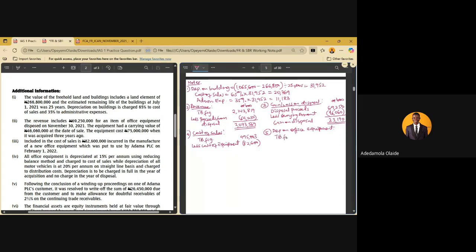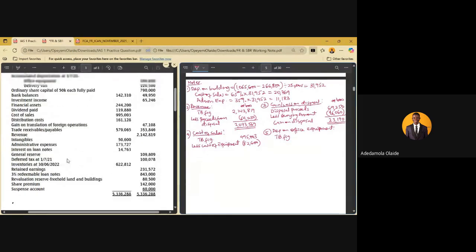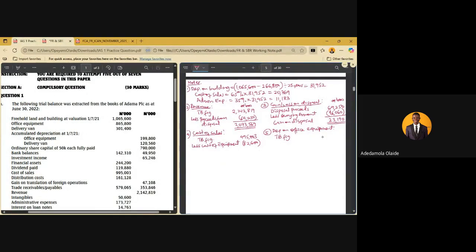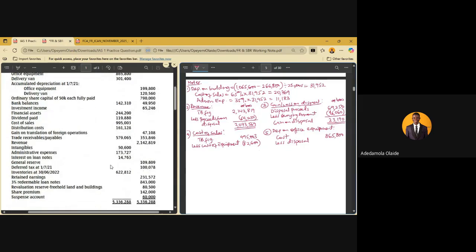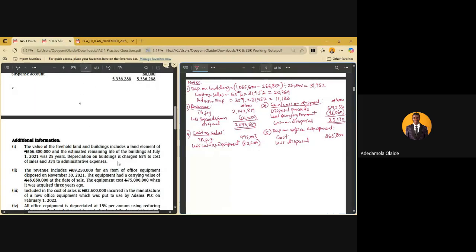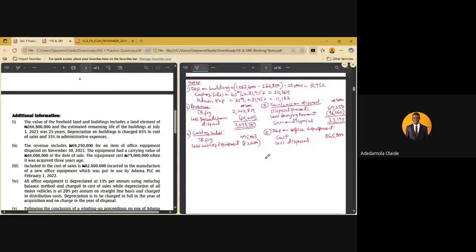The balance figure for depreciation on office equipment, or let me say cost, 865,800, less disposal. Since they said no depreciation is charged in the year of disposal, or less the cost of the one that was disposed. Or since we are using reducing balance method, we can easily do it this way.